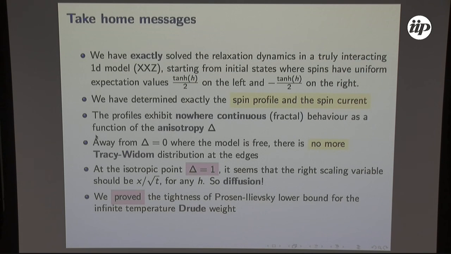So the profile of the magnetization has this quite unusual dependence on the interaction. But nevertheless, you can continue to irrational values. And then we prove the tightness of the Prosen and Ilievski bound for the Kubo formula for this model. So thank you very much.